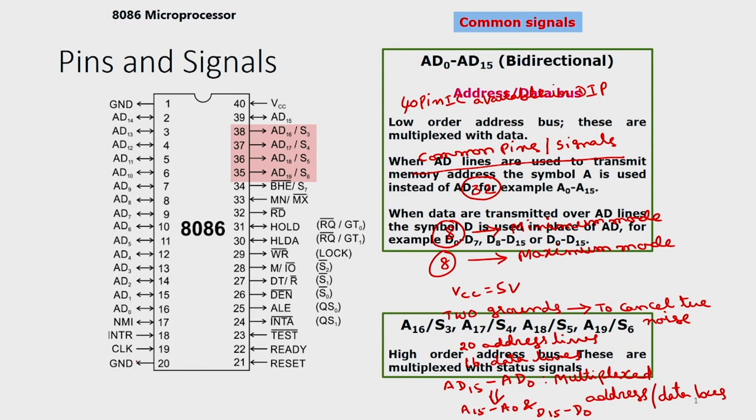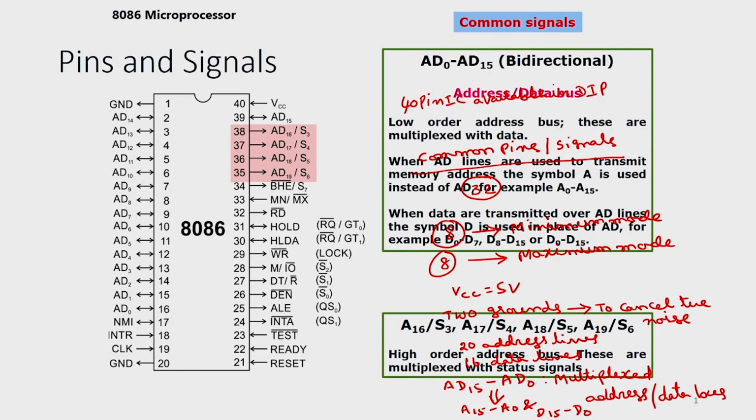Now, coming to the other signals, the clock. We know that the microprocessor requires a 5 megahertz clock. In the case of the simple 8086 there are two other versions, which require 8 megahertz and 10 megahertz. This clock has to be generated using an external crystal generator. There are different ways to generate the clock signal.